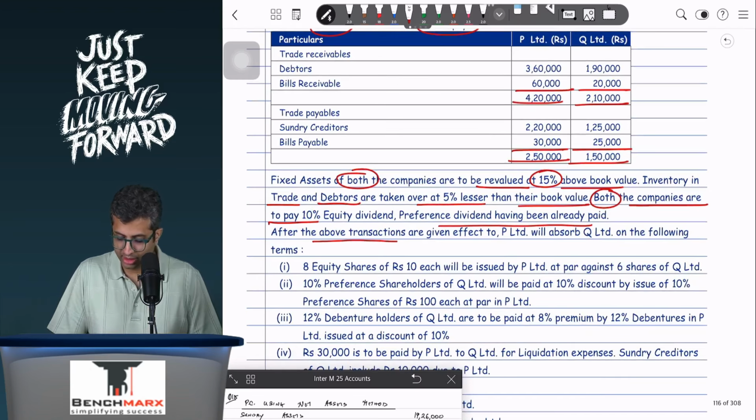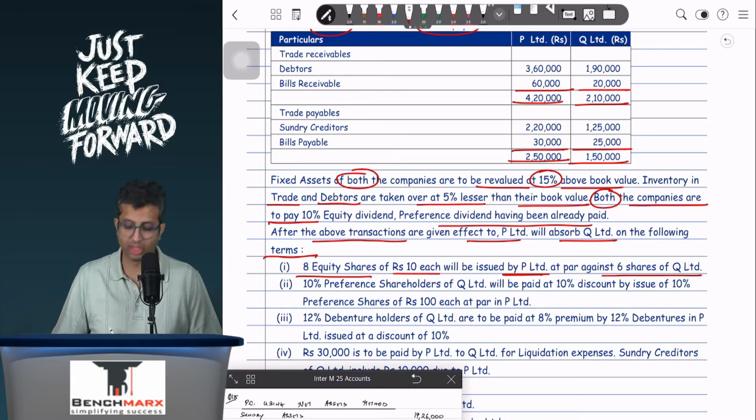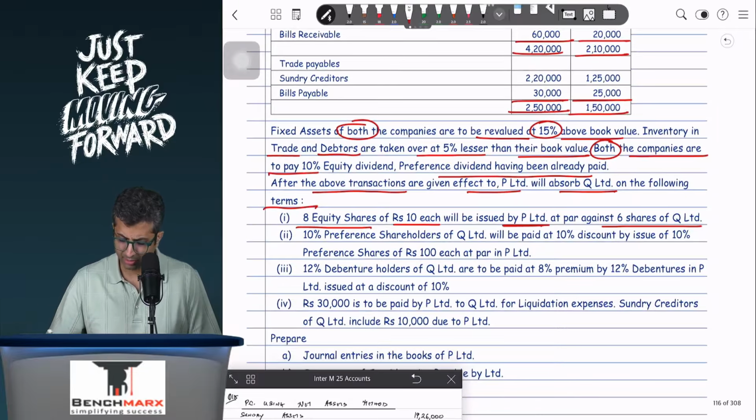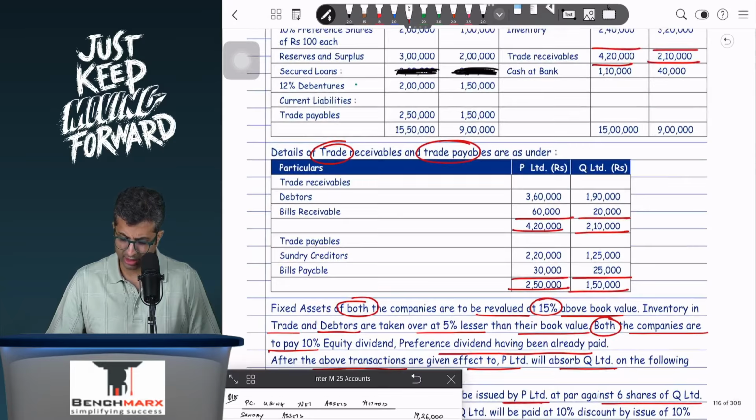After the above transactions are given effect to, P Limited will absorb Q on the following terms. 8 equity shares of rupees 10 each will be issued by P at par against 6 equity shares of Q. So this is a part of PC. How many shares are there in Q?